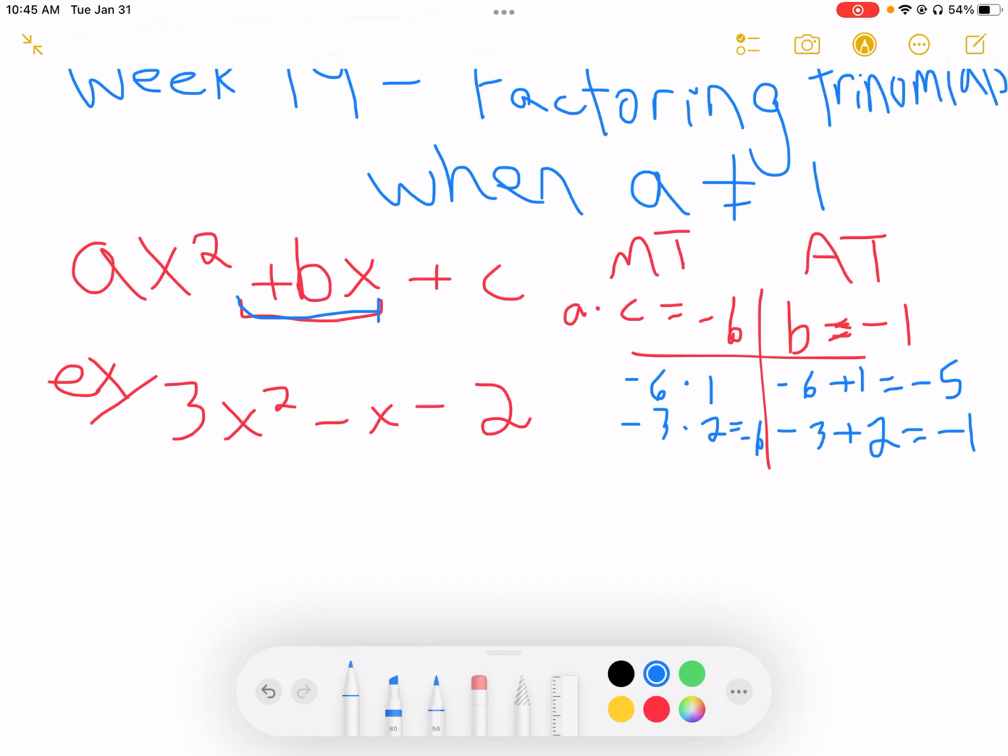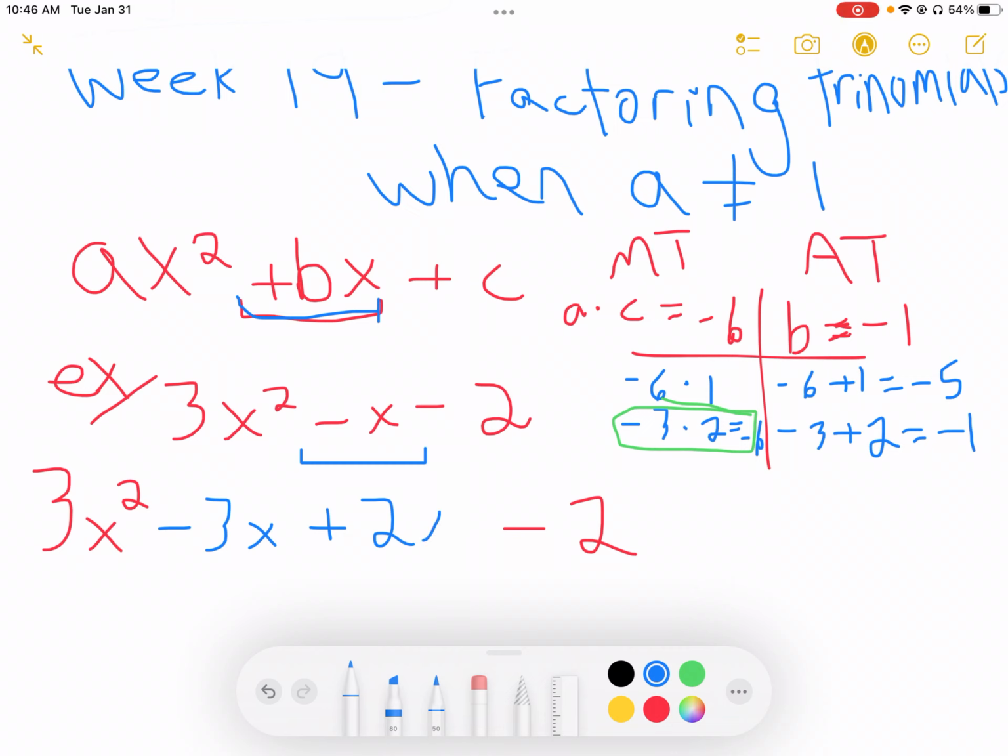So when I write this here, my middle term, I have term 1 and term 2. So basically, I write it like this. My 3x squared and my minus 2 are going to be over here, and I'm going to break my middle term into these two numbers that I just found. So when I write them out, I just say minus 3x plus 2x.